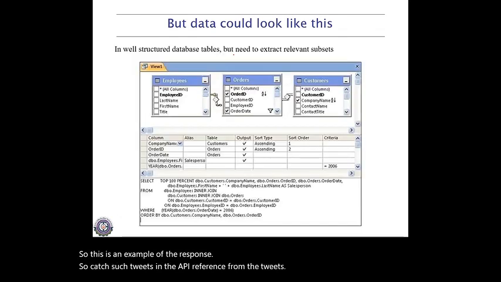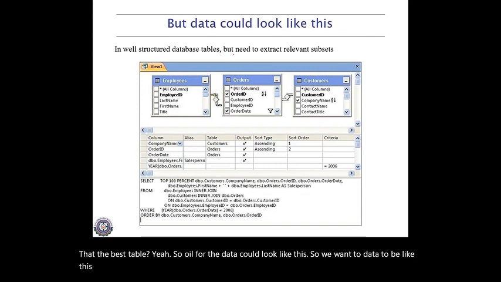And then in a well-structured database table. Yeah. However, the data could look like this. So we want the data to be like this, so it's easy to read and easy to understand. Right.